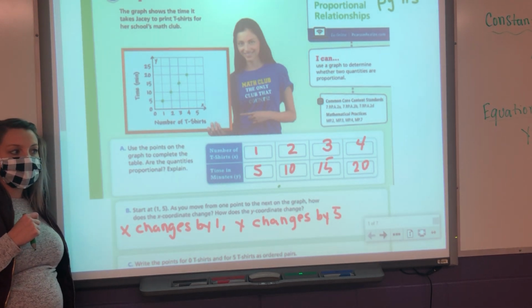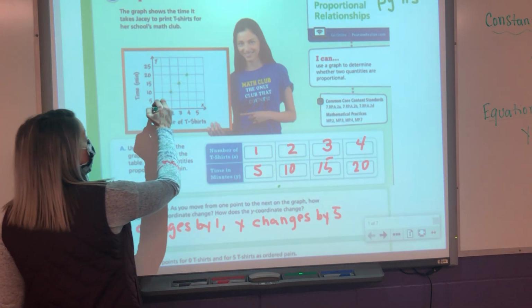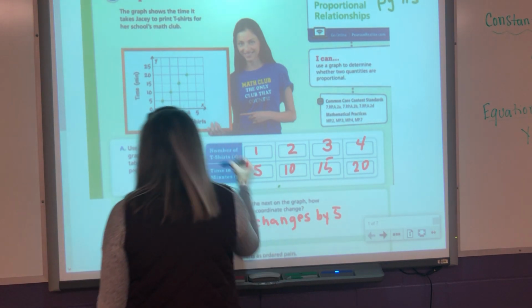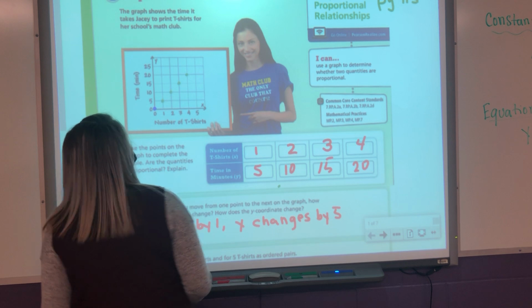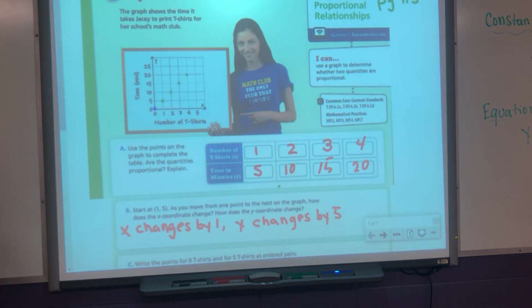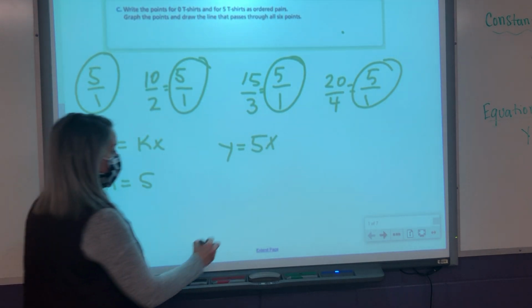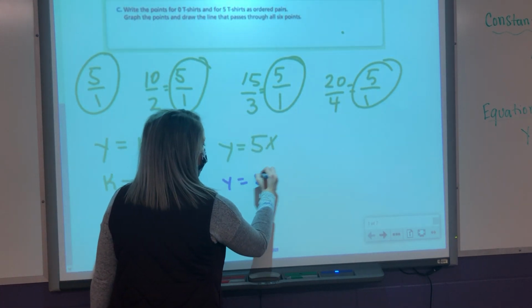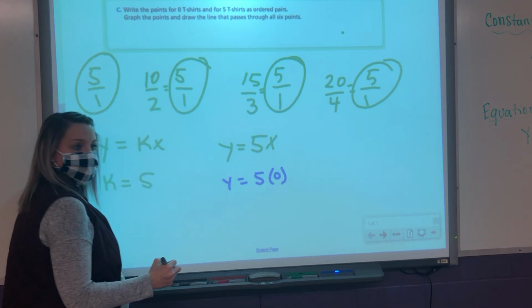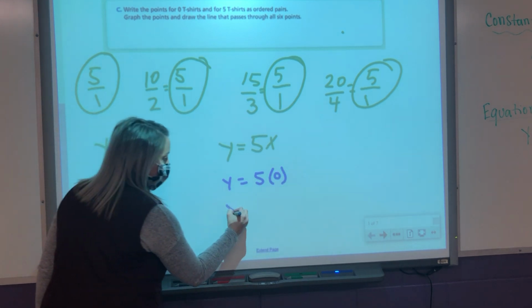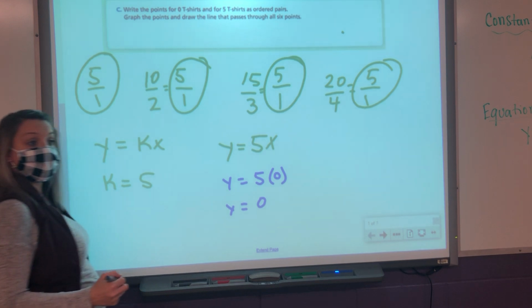Bob? 0, 0. Okay? So our point is going to be right here. 0 t-shirts takes us 0 time, right? And we can test that in our equation. Y equals 5 times 0. So y equals 0.